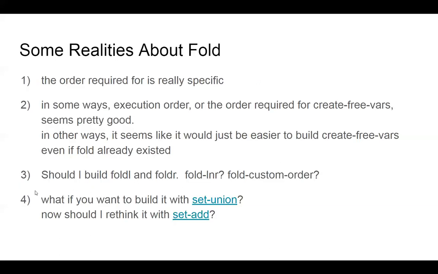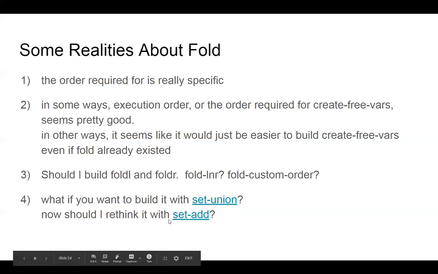The other thing is, what if you want to build it with set union like I did, where you're unioning whole sets? For example, the free variables of a variable return a set with it in it. The int will return an empty set, and things like let and function would have to do some interesting things, where they're unioning some things and removing other things.